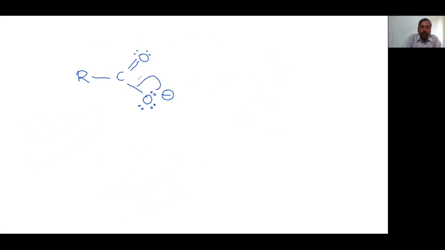This lone pair will go and share here, and this pi bond will come and share here. Now this double bond oxygen becomes single bond oxygen with three lone pairs, therefore a negative charge, and the single bond oxygen becomes double bond oxygen with two lone pairs. So this is also a carboxylate, and this is also a carboxylate.